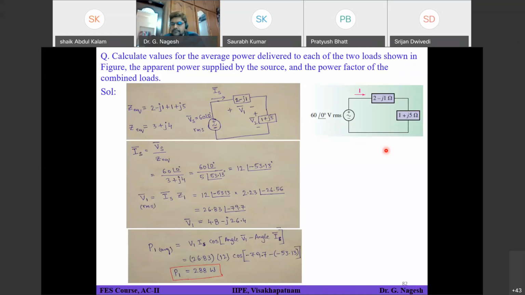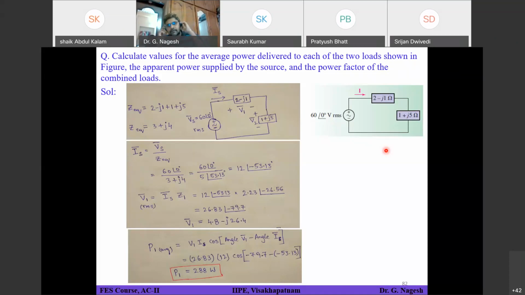You have I effective square into R. I effective is V by... Okay, so in that sense, I think that V square will not be valid.